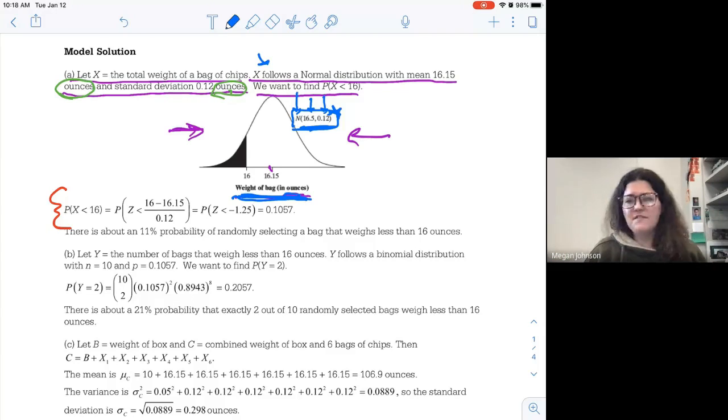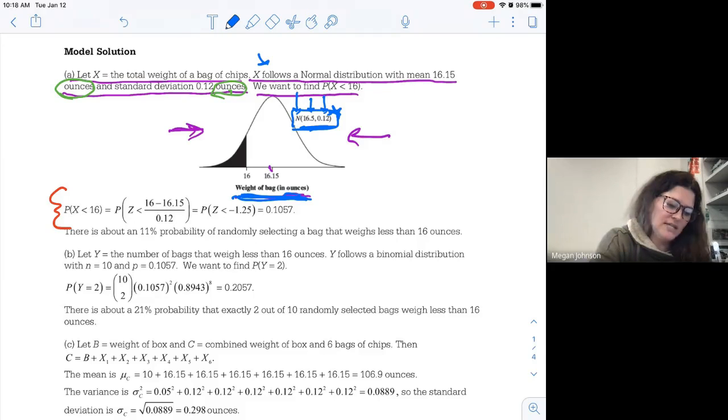But normal CDF on your calculator works great, as long as you label that lower bound, upper bound, mean, standard deviation. So you have to label those four pieces in your write-up of your normal CDF calculations. Okay, so they used the Z-score.